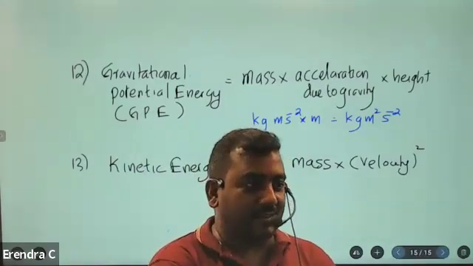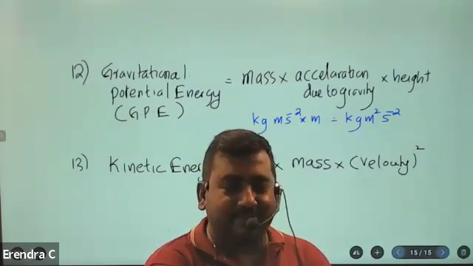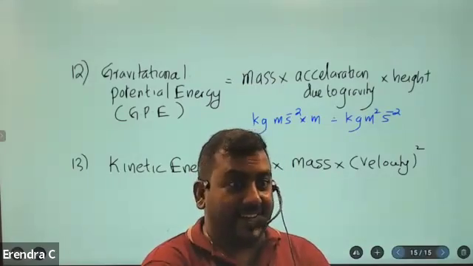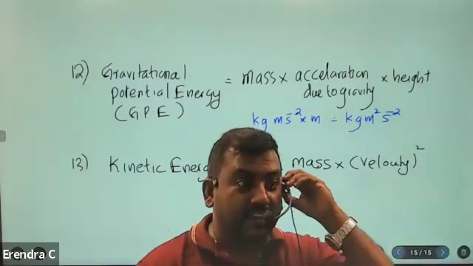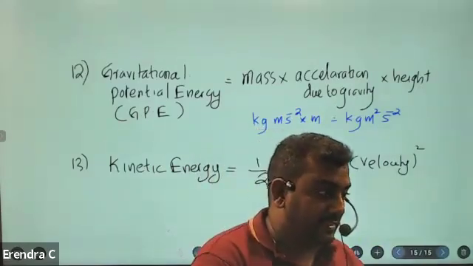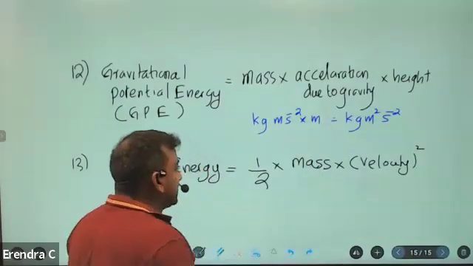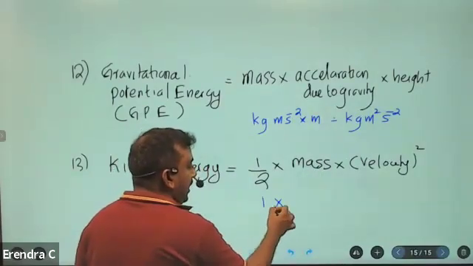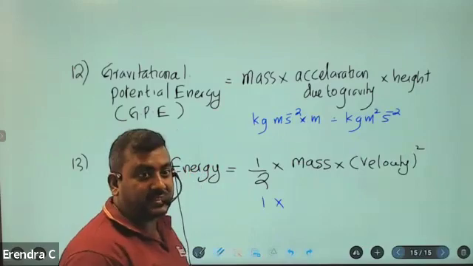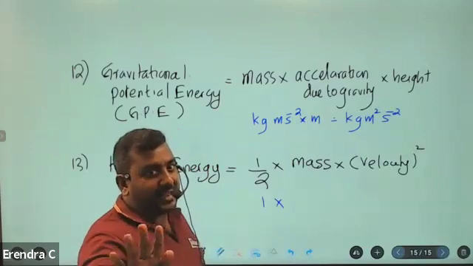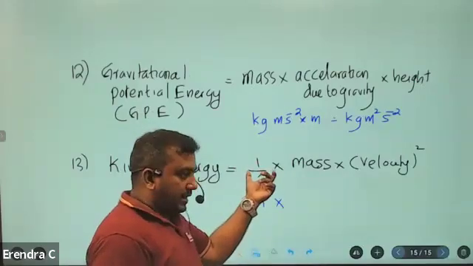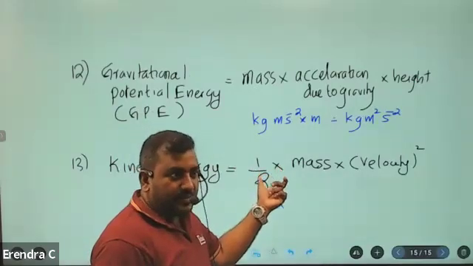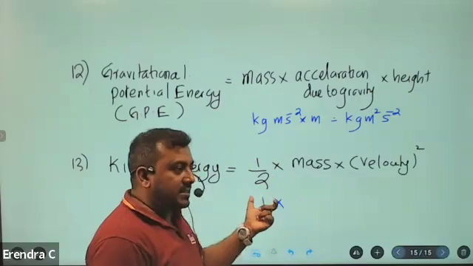Half has no unit. Unitless. Unitless means the answer you put is 1. Now don't go and say, sir taught half is equal to 1. I never taught half is equal to 1. Unit of half is not there. Unitless means it is equal to how much?